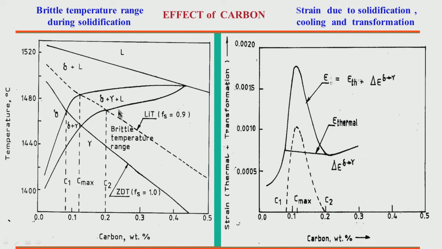Because this delta to gamma transformation is taking place mostly in the brittle temperature region. You see the strain due to transformation is quite high in this temperature region, and this is forming in the brittle temperature region only. So, this is a real matter of worry while we are continuous casting this chemistry.